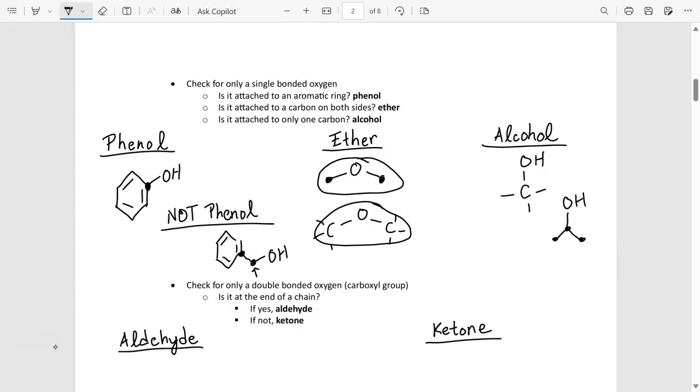But notice how that oxygen again is only attached to 1 carbon. Okay, so this is also an example of an alcohol. So technically you have two functional groups in this picture. Rather than it being a phenyl, you have an alcohol and then you have an aromatic.